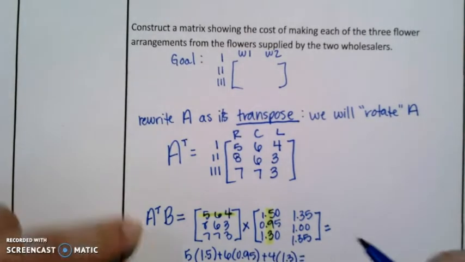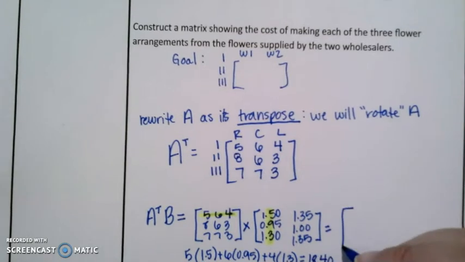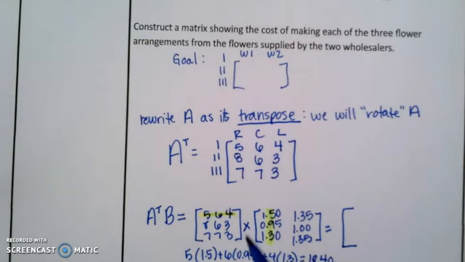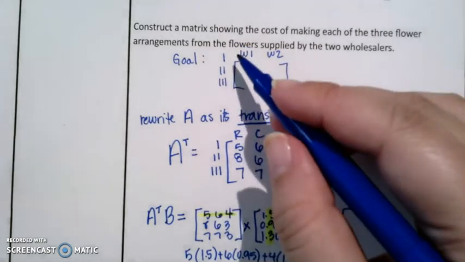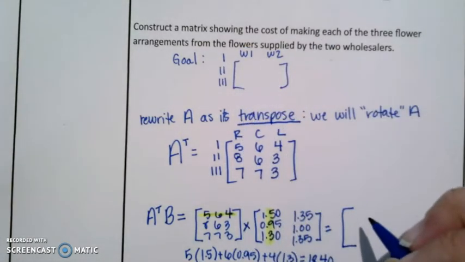Put that into a calculator and you'll find 18.40. Doing that for each of our elements, now we had 3 by 3, okay, and 3 by 3, and then you'll do the same thing for the second column. Each of those 3 times the column, and you'll end up with a 3 by 2 matrix.